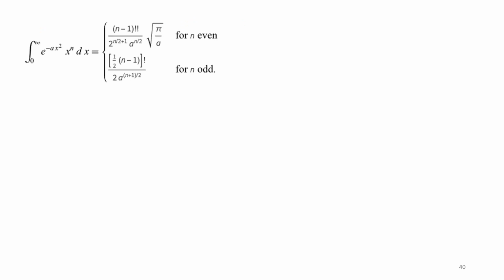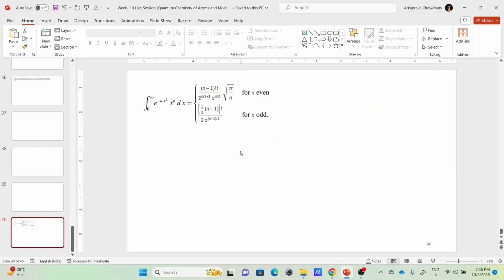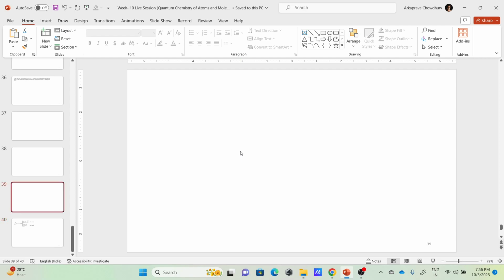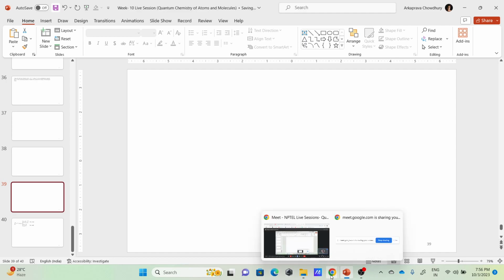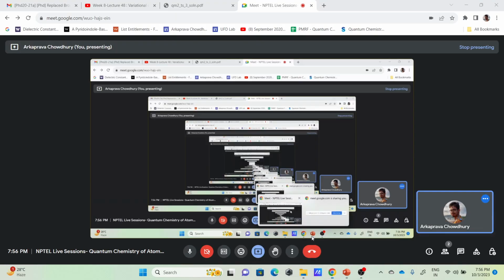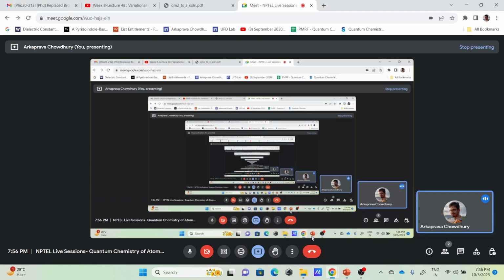Till then, I have written this because I guess we need to use this formula somewhere while solving those problems. So with that, we'll stop for today. We'll meet on the next day. I hope solving these numericals is helping you.